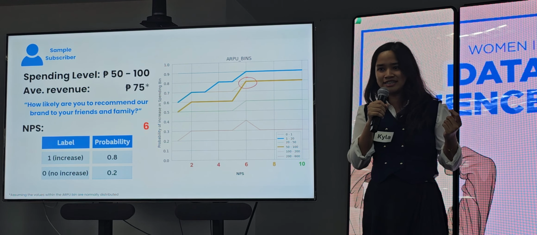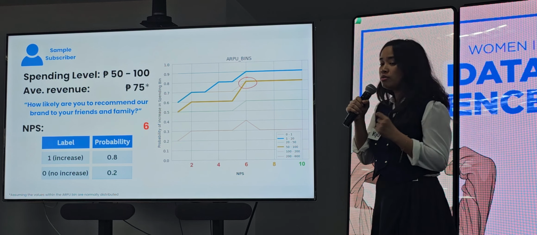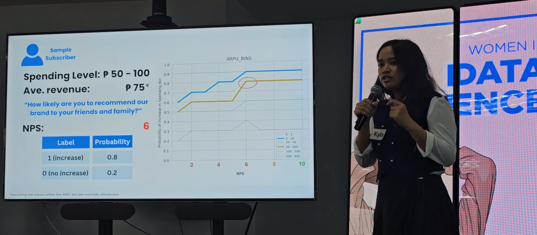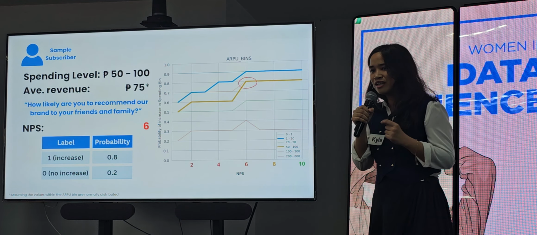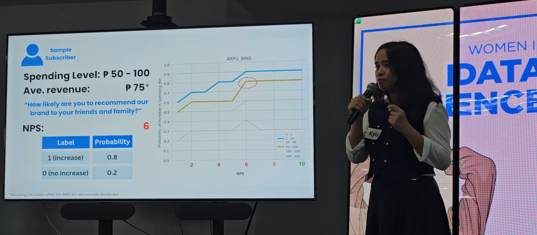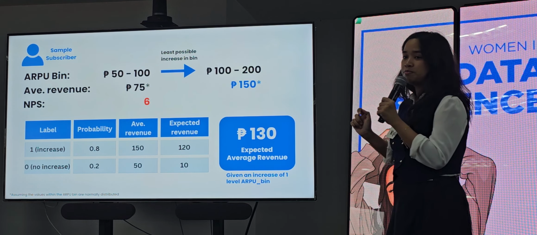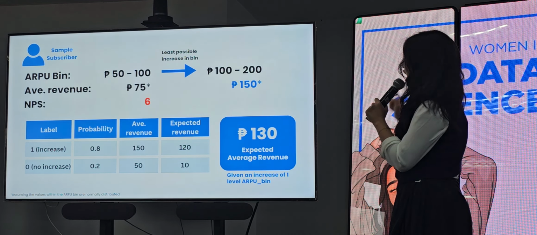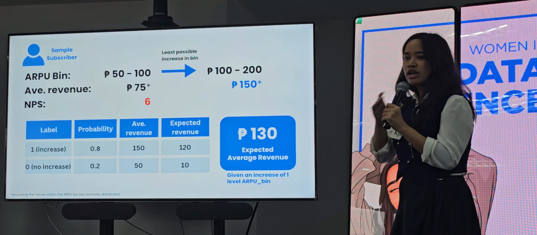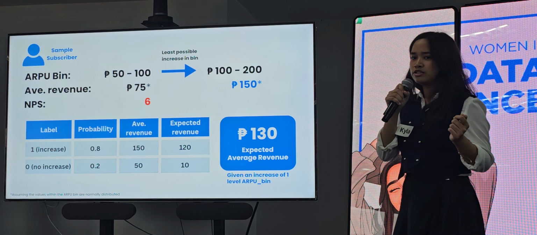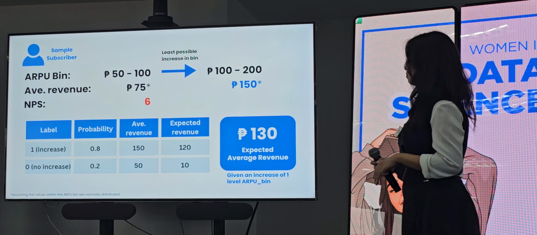He answered 6, so we have a probability of 0.8 that the user will increase in spending. Multiplying the probability with the expected revenue, we get 130 pesos expected average revenue for the user in the month after they answered the NPS survey.